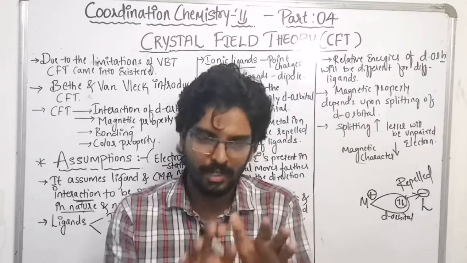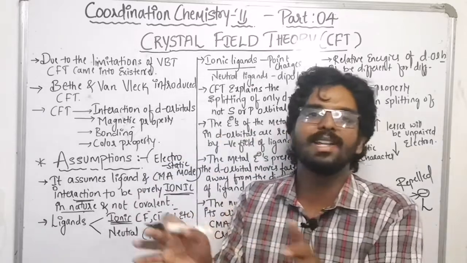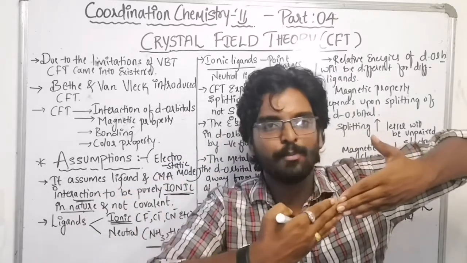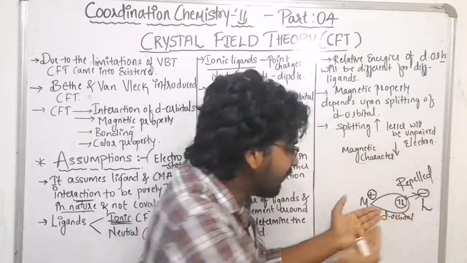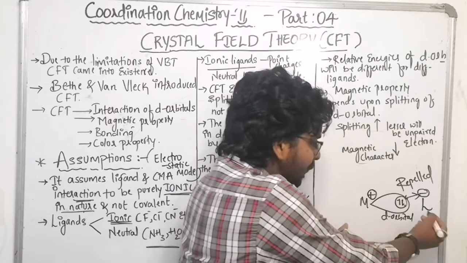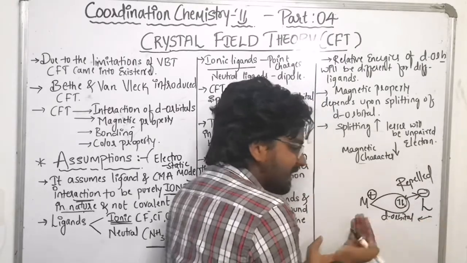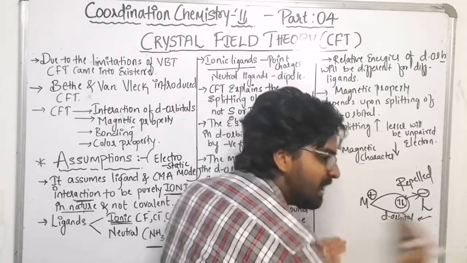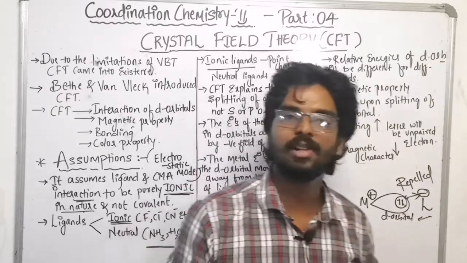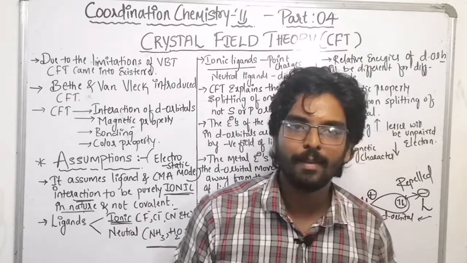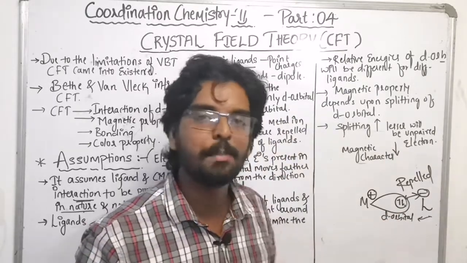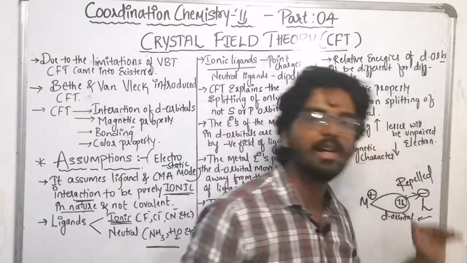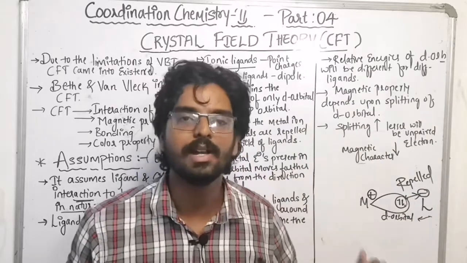In order to form a coordination complex, there should be a bond between the central metal atom and the ligand. But here, when the ligand approaches the metal ion, repulsion takes place. Why? Because the electrons present in the d orbital will repel the electrons donated by the ligands.